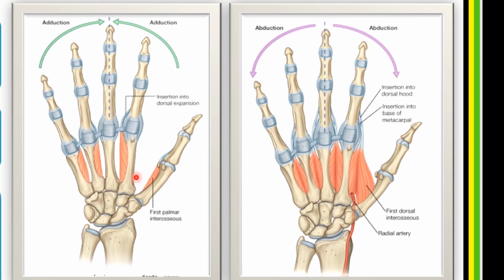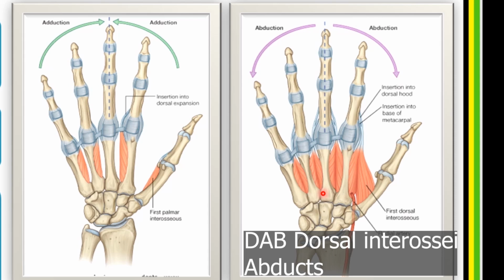Now for the dorsal interossei, the dorsal interossei will abduct. Now abduction is moving these fingers away from the median plane here. This is the median plane. So this action of moving the fingers away from the median plane is abduction. And this is done by the dorsal interossei.